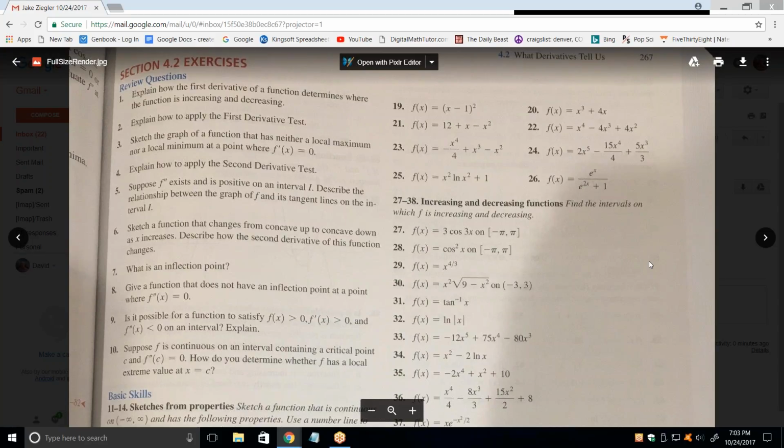Explain how the first derivative of a function determines whether the function is increasing or decreasing. I think because it shows the slope. Well, if the function is increasing, the first derivative is positive.